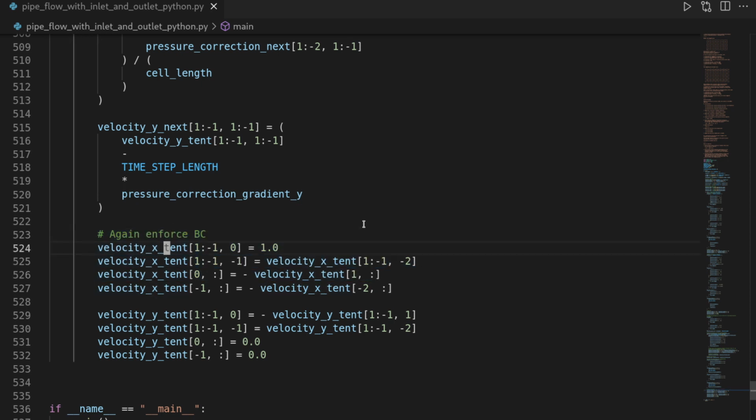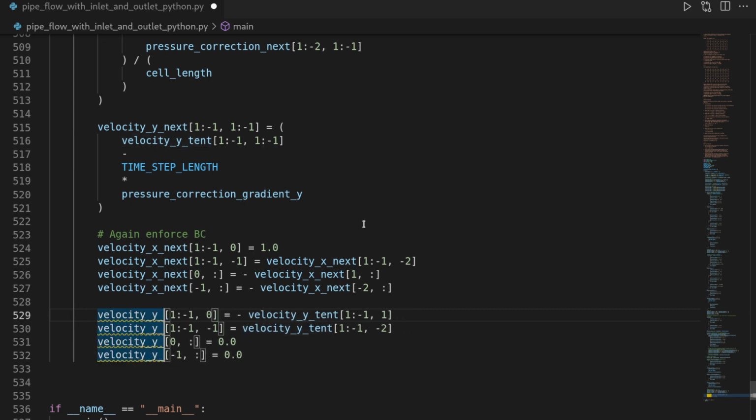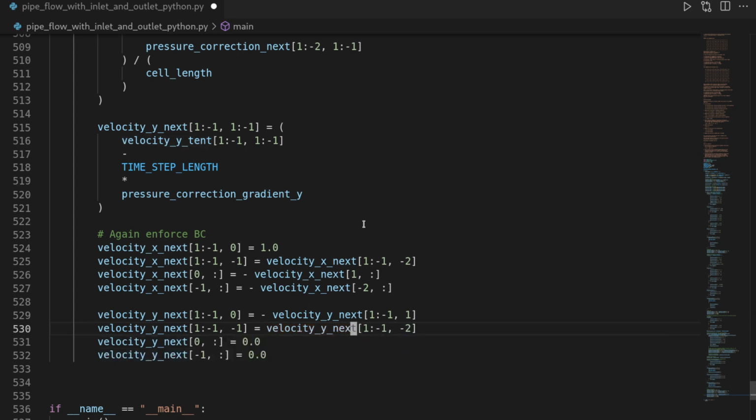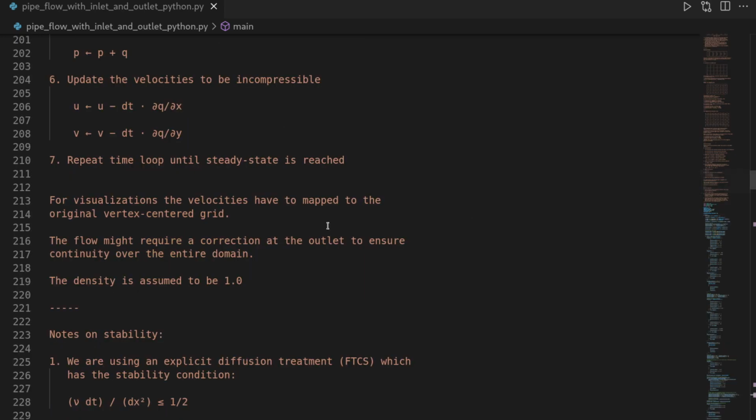So let me just batch rename that here and say this one is velocity x next. And then here we also have velocity x next here as well. That's a little bit tiring. So let's do something similar here and say velocity y next. And then also this one, yes, should be fine. That's a little bit boring to watch, but now it should be done. This is then the end of step number, I think it was 6, yes.